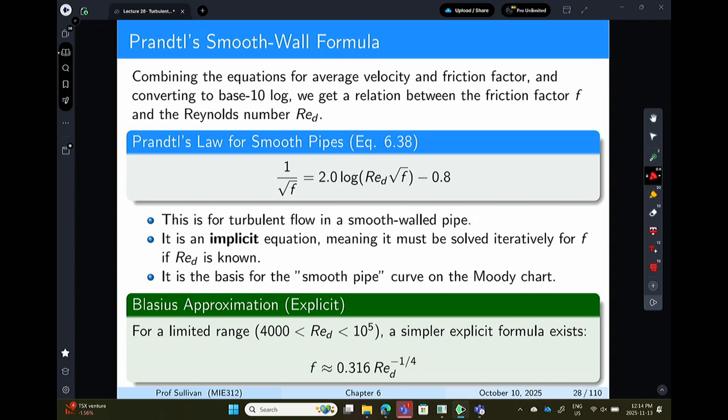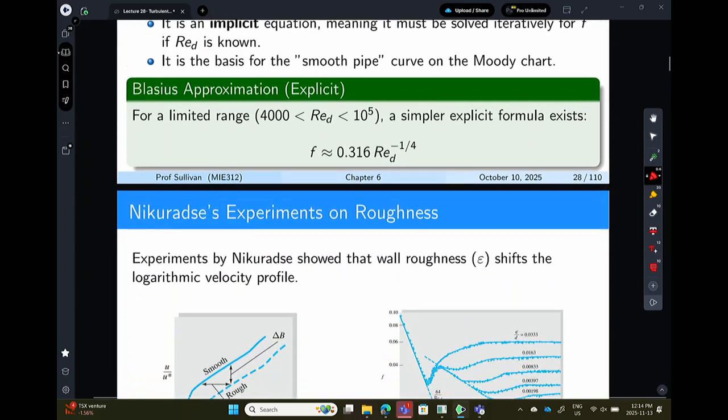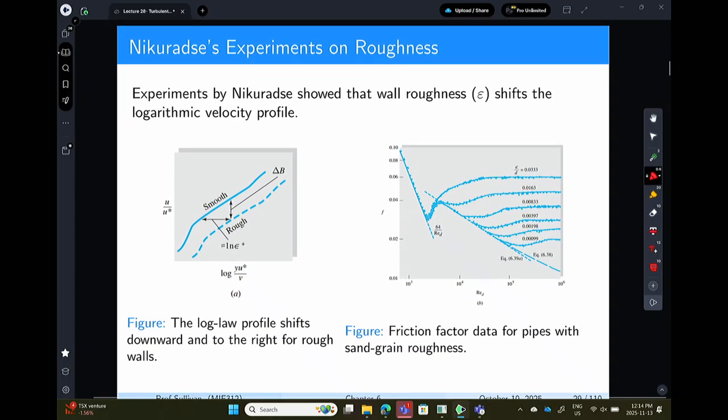For a limited range, 4,000 to 100,000 Reynolds number based on diameter, you can use a relationship for friction factor that's 0.316 Reynolds number based on diameter to the inverse quarter. So you can start to plot what you know. You can see here results from Nikuradse.